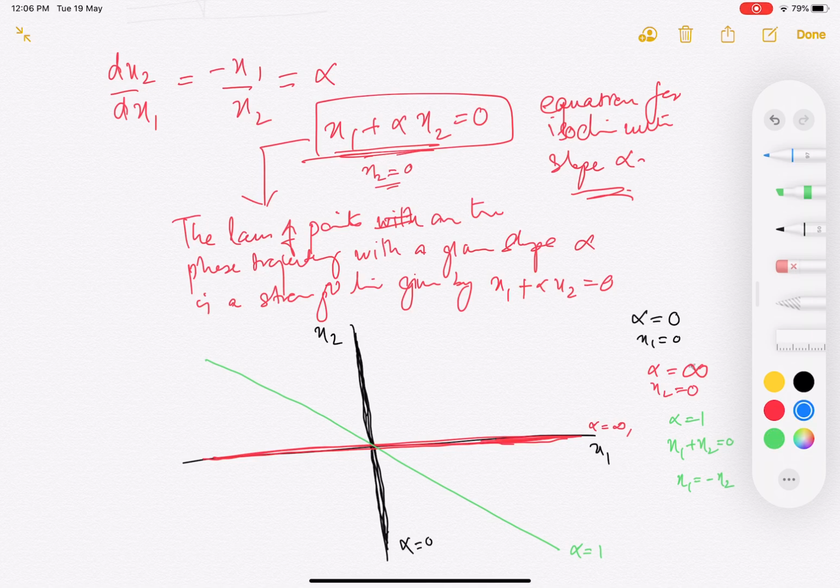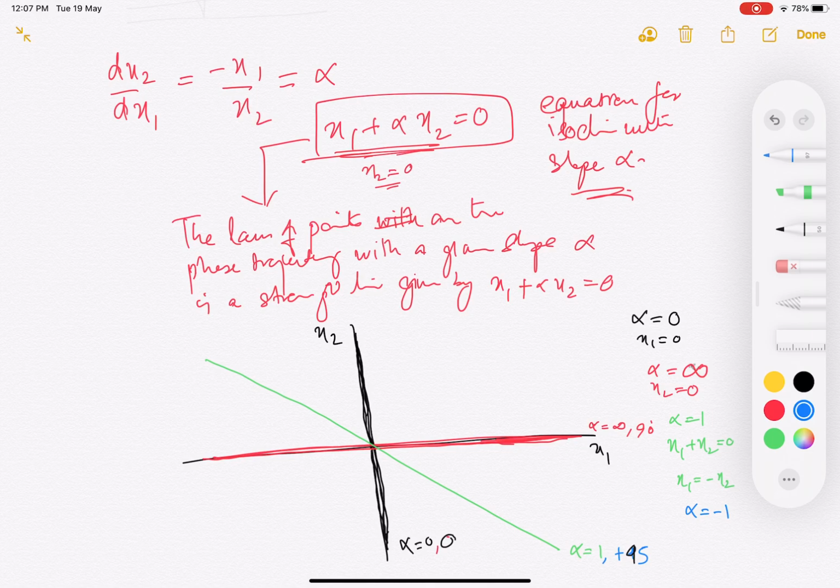Let me write down plus 45 here, let me write down 90 degrees here, and let me write down 0 degrees here, to write down the angles properly. And let us now take another value, say alpha is equal to -1, which corresponds to a slope of minus 45 degrees.